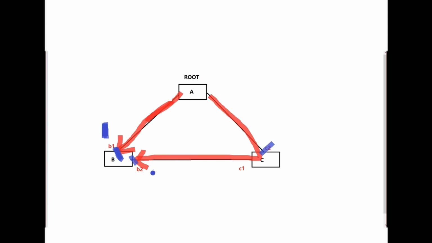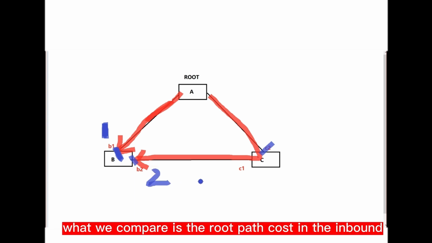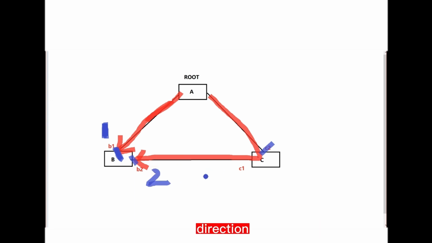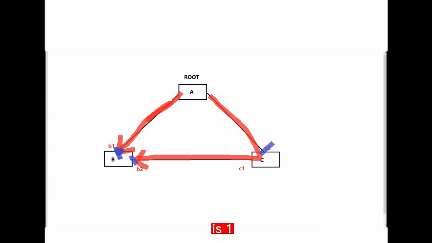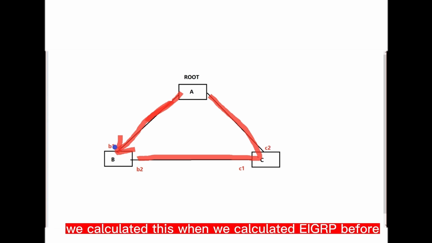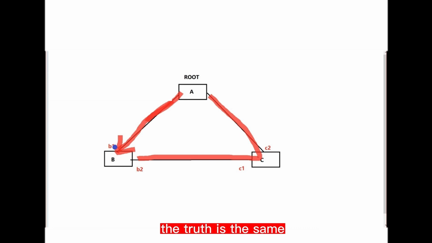B1 is 1, and B2 on the right is 2. What we compare is the root path cost in the inbound direction. A message arriving through only one interface costs 1. We calculated this when we calculated EIGRP before. The principle is the same.